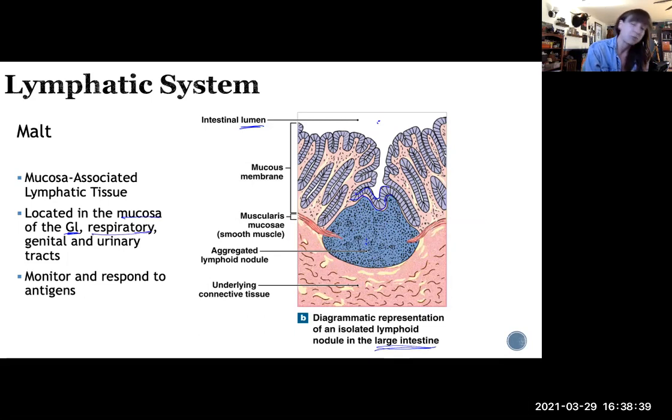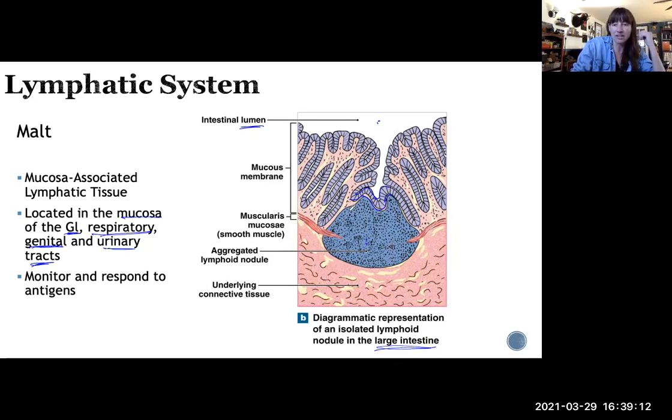You also have it in your respiratory tract, right? Your nasal passages, your trachea, all the way down into your lungs. You have mucosa throughout there. Your genital tracts and your urinary tracts, you also have mucosa here, because anywhere where you have a connection to the outside world, bad stuff can get in, okay? So having mucosa there to be a physical barrier, first of all, the mucus itself literally physically traps pathogens and debris and brings it to places like this, to areas of MALT.